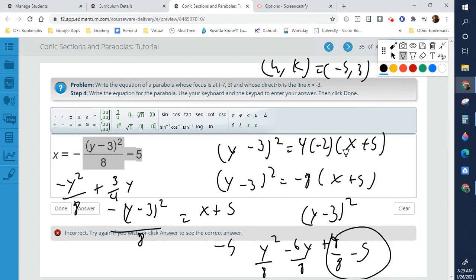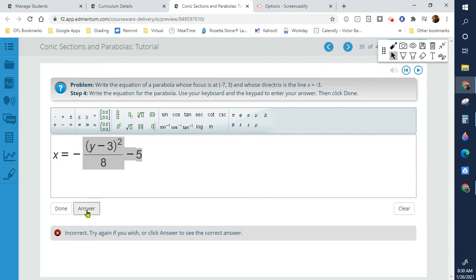And then we have 5, which would be negative 40 over 8. That's the same thing as 5. So we end up getting minus 31 over 8. I don't want to type in those fractions, so I'm just going to hit the answer button.